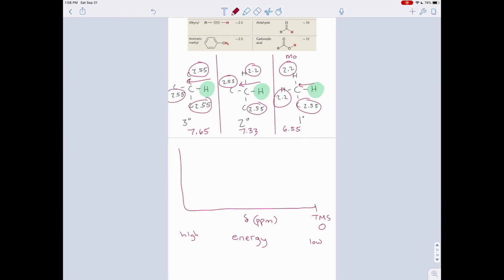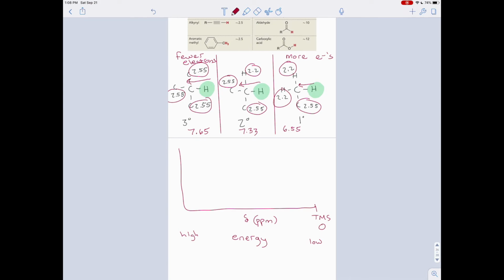So you have more electrons around this hydrogen. Whereas in a tertiary carbon, there's a stronger pull stealing the electrons away, so you have fewer electrons around this hydrogen. They're being stolen by the other carbons.